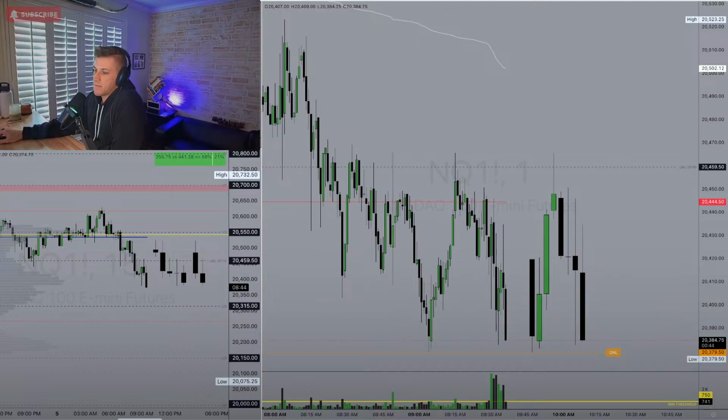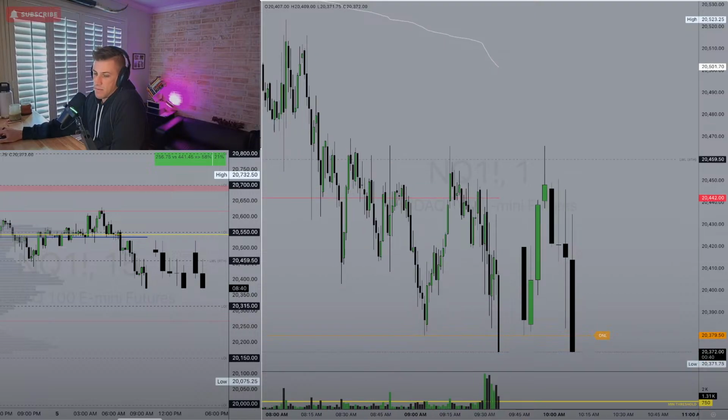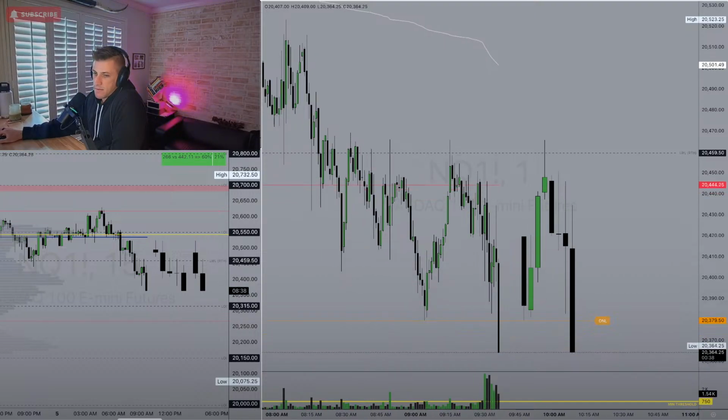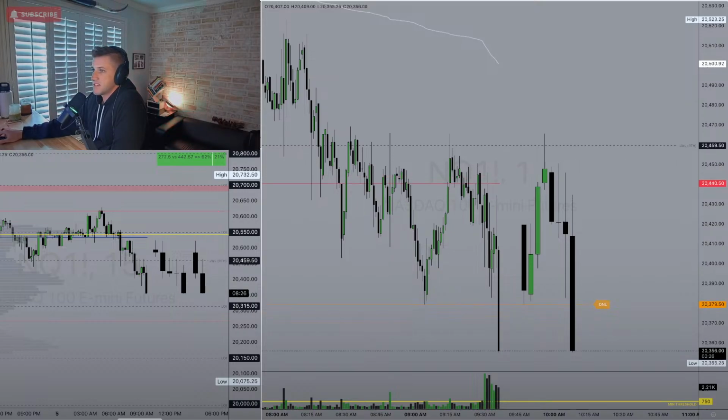There's your overnight low. And Q at the undercut of the overnight low. So your 315 is the downside level of interest.